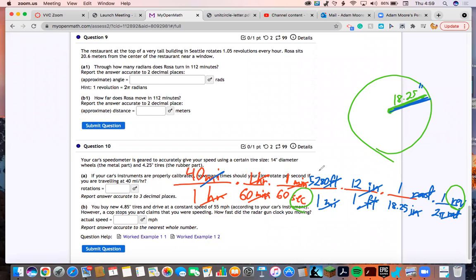So let's see what we got on the top. 40 times 1 times 1 times 5280. So it's 40 times 5280. I'm skipping the ones. Times 12. And then the rest is ones. That's how many rotations. And then on the bottom, we have 1 times 60 times 60 times 18.25 times 2 pi.